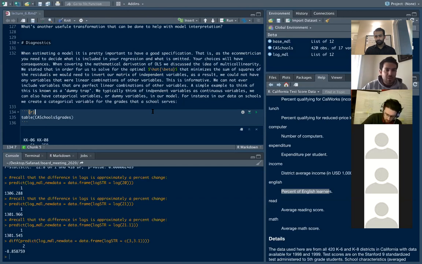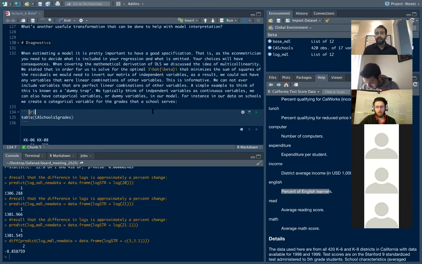That our explanatory variables are not perfectly related to one another. I can't have any one x variable that is a perfect linear combination of the other x variables, put simply.